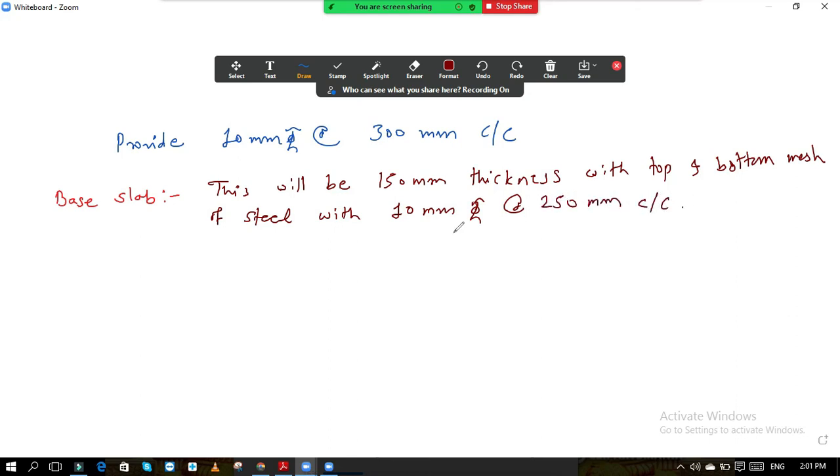Okay, so this is the reinforcement we have provided. Now we will draw the diagram for all this.